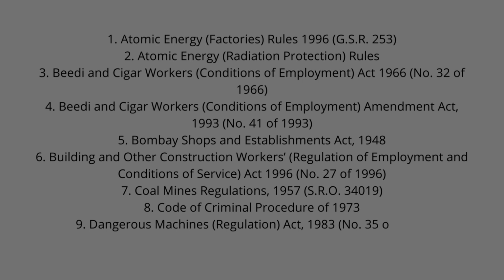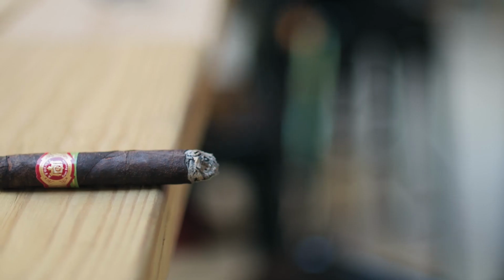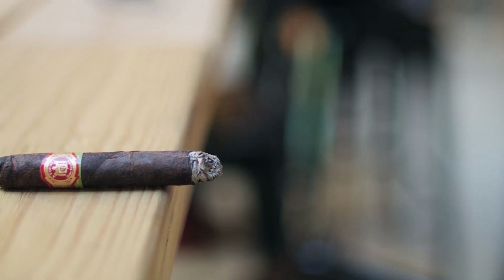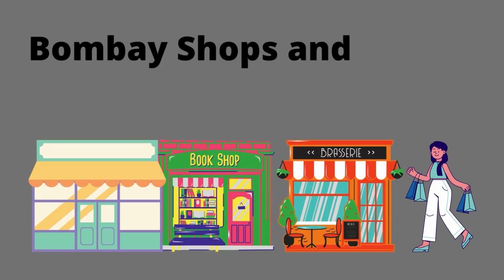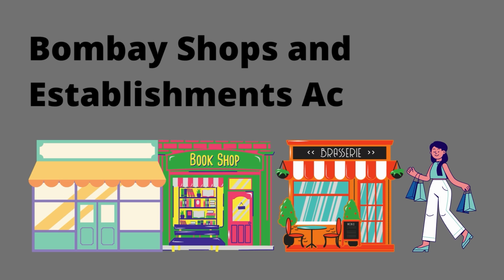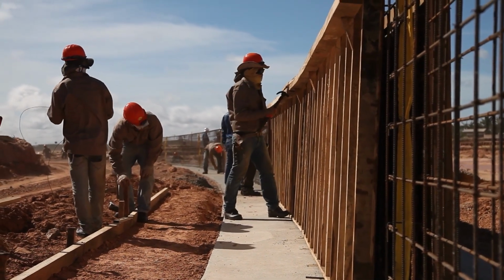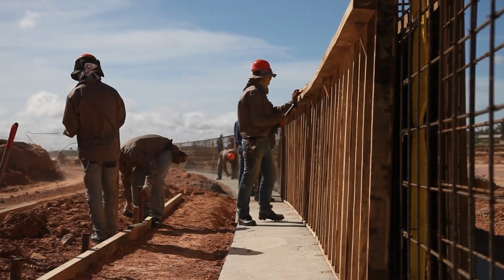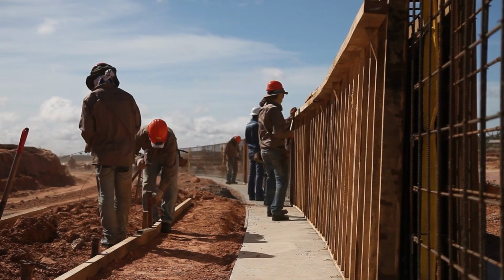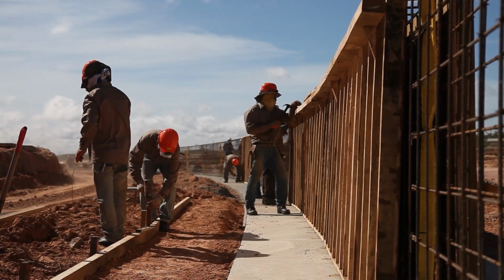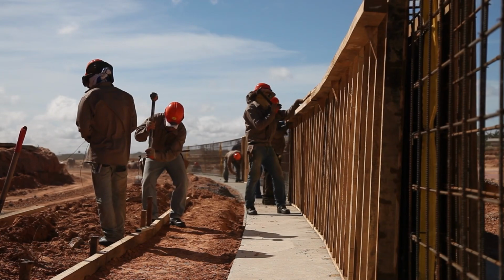In this, one is the Bidi and Cigar Workers Act 1966, that is the conditions of employment, and later on its Employment Amendment Act in 1993. We also have Bombay Shops and Establishment Act 1948, then building and other construction workers. We all understand that this is the unorganized sector of construction workers, but they are also regulated by the Building and Other Construction Workers Act 1996. This has come quite later than the previous acts.